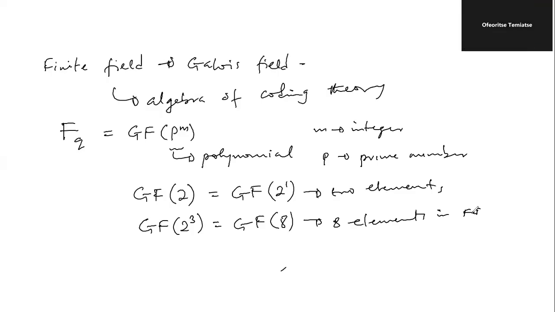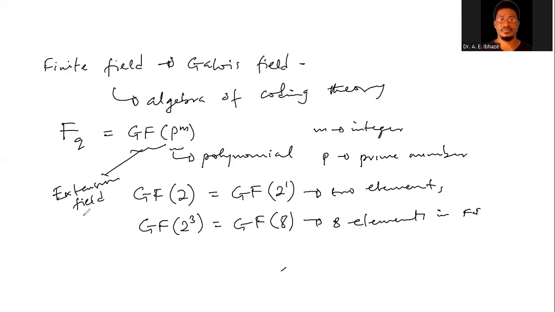Yes, sir. Now, fields, the Galois field of this form, P to the M, are referred to as extension fields because they are polynomial fields, okay? While the Galois field of the other P are referred to as prime fields, okay?